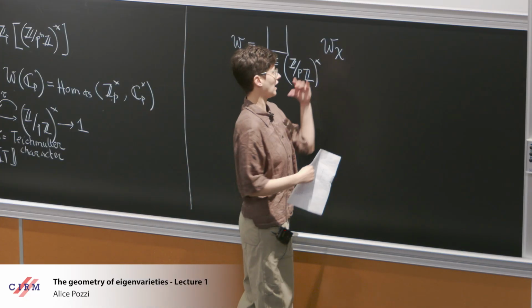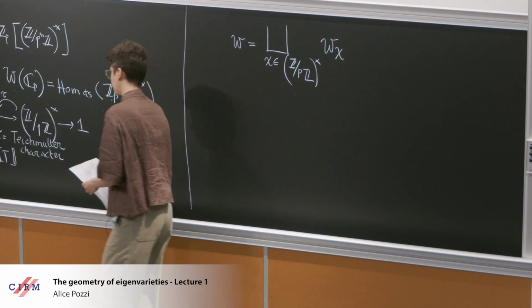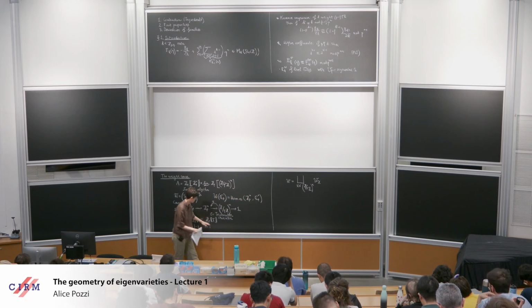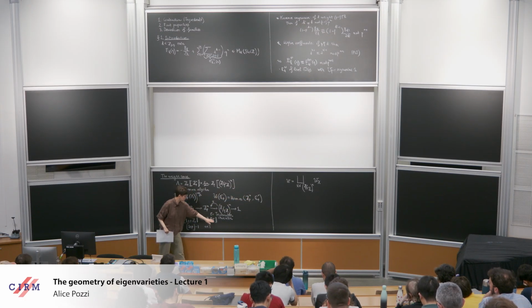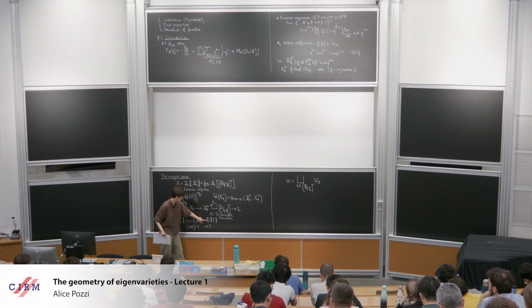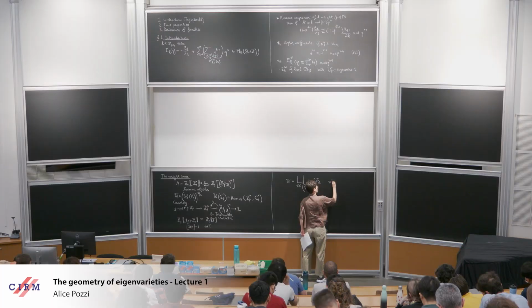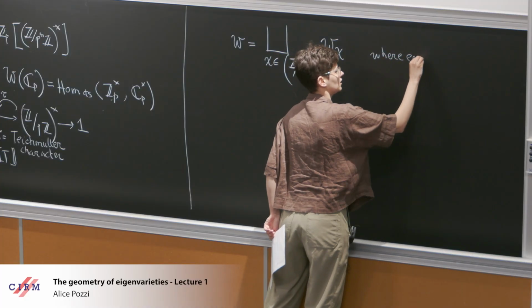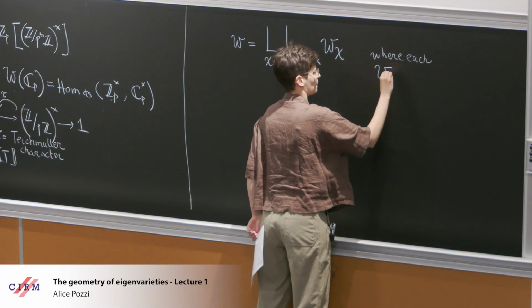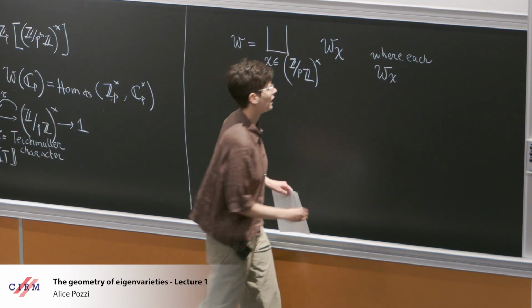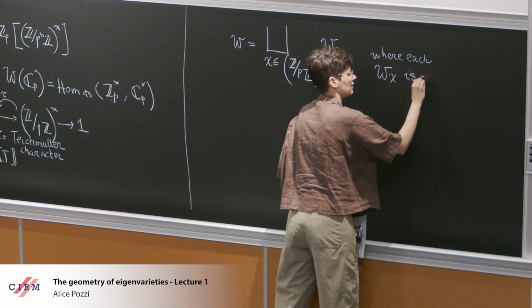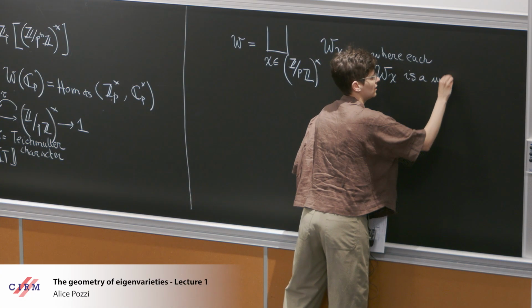So this W chi will be a connected component, but it will be essentially the rigid space associated to the formal scheme attached to this, which is nothing but a unit disk. Okay, so each W chi is a unit disk.